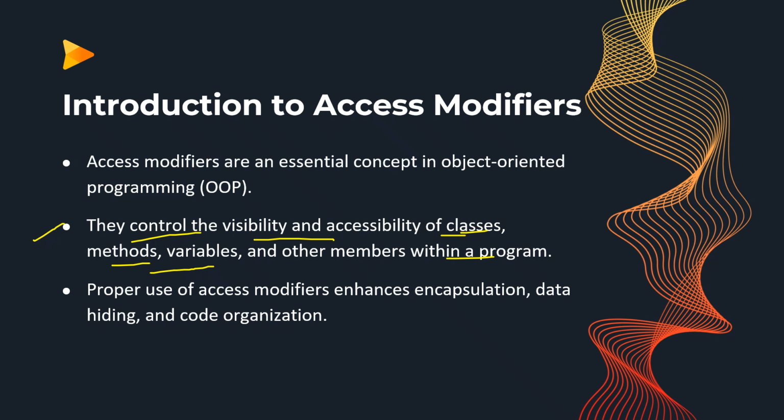It is a very important statement, you have to understand this. This is the major thing of the access modifier, also known as access specifier. Proper use of access modifiers enhances encapsulation, data hiding and code organization. This is a benefit of access modifiers.